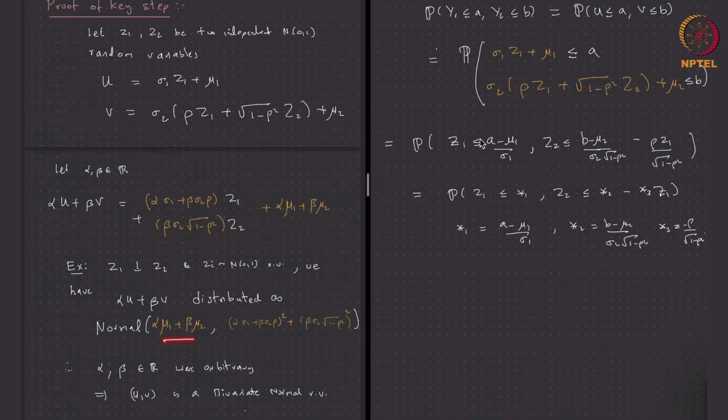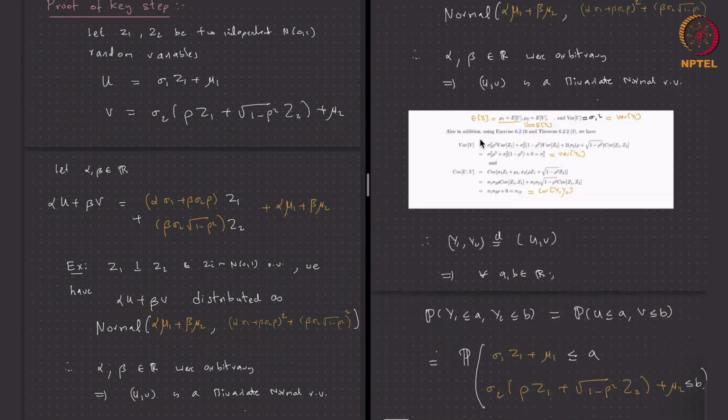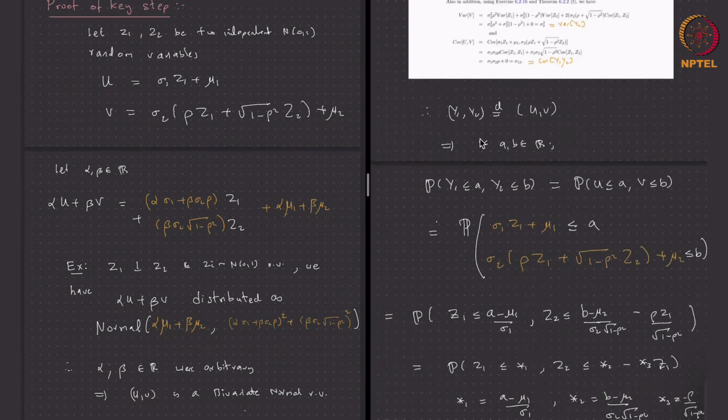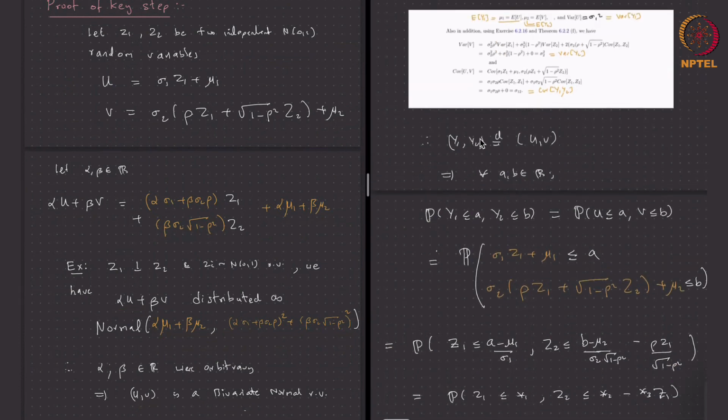That means they were normally distributed, which means that for any alpha and beta, alpha u plus beta v is normally distributed, which means that uv is a bivariate normal random variable. And then once we had that, we found out that the mean of u and the mean of v are the same as y1 and y2, so were the variances and the covariances.